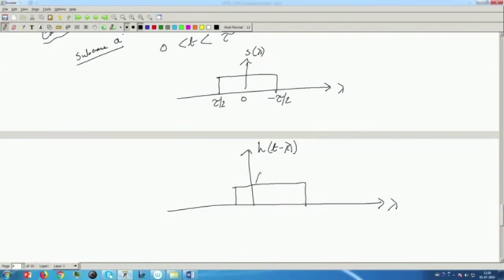This thing is A, and somewhere here is tau.